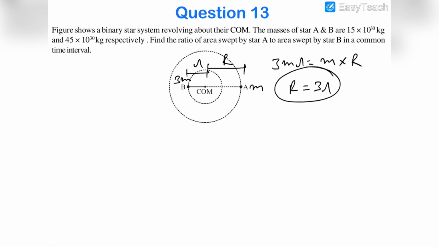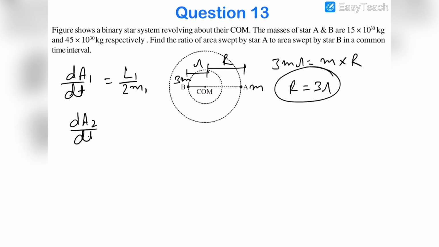Now second thing, we know that the area swept in the common time interval, dA1 by dt will be L1 by 2m1, and dA2 by dt will be L2 by 2m2.